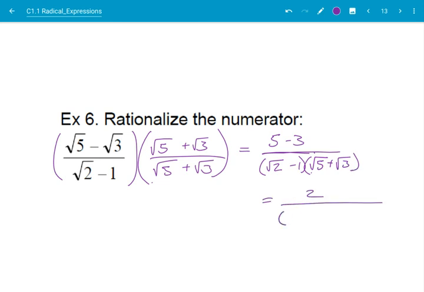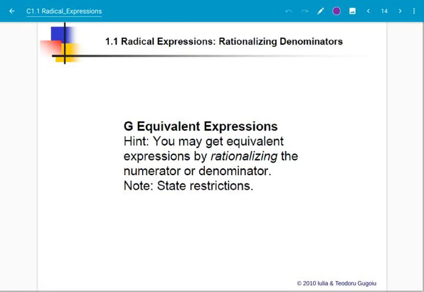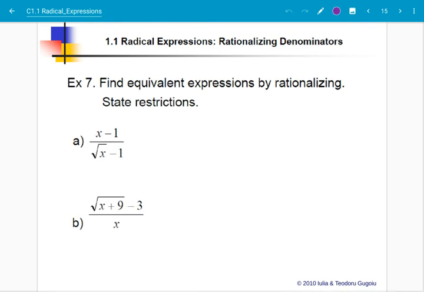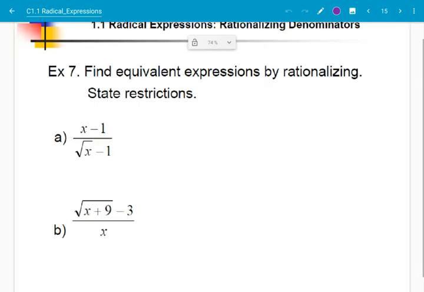So we're just going to leave it like that. You may get equivalent expressions by rationalizing the numerator or denominator, and sometimes you might even do both. So we're just going to be simplifying by rationalizing, and we have to state the restrictions.